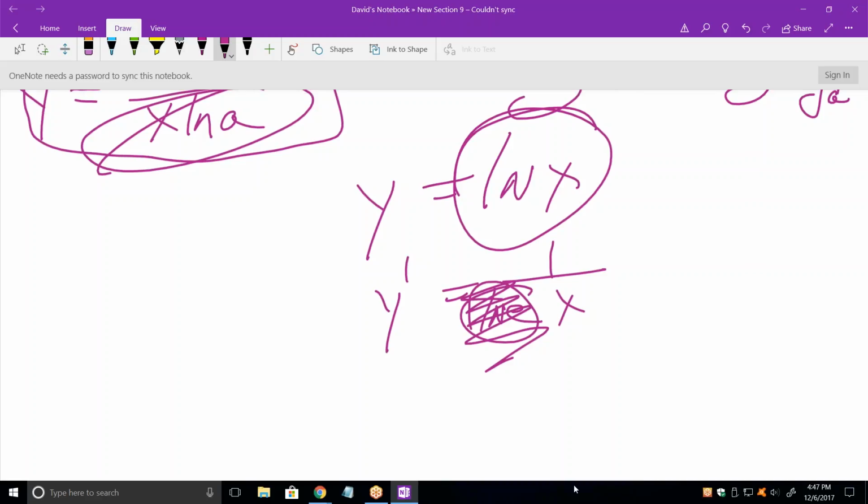You'll use natural logs 10 times more than you'll use logs of a different base. And it is because the derivative of natural log is 1 over x. That makes the integral of 1 over x natural log of x. So natural log ends up being huge in calculus for virtually everything you do from here on forward.